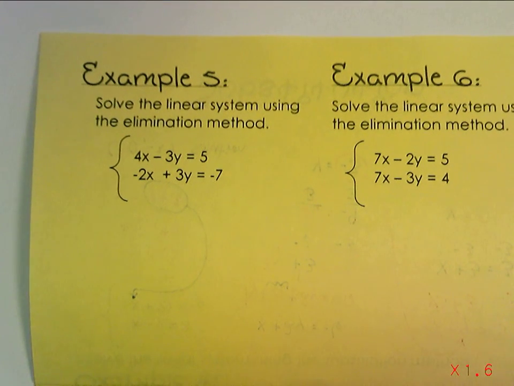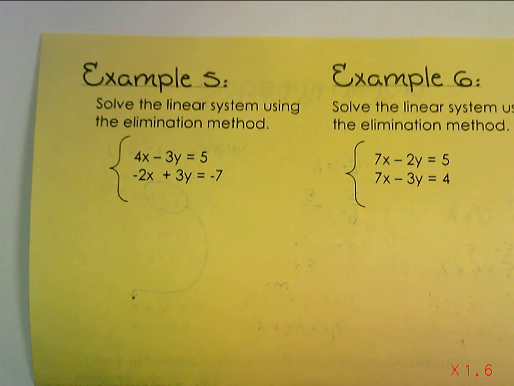And elimination kind of works like an addition or subtraction problem. So what I'm going to try and do here is, with elimination, it sounds exactly like what it means. You're going to try and eliminate one of the variables in order to solve for the other one, and then plug that value back into one of your original equations in order to get the other one, and hence getting your solution.